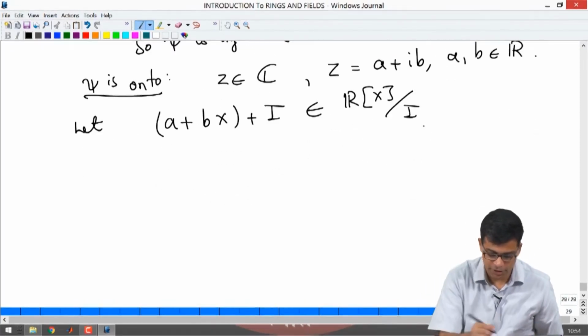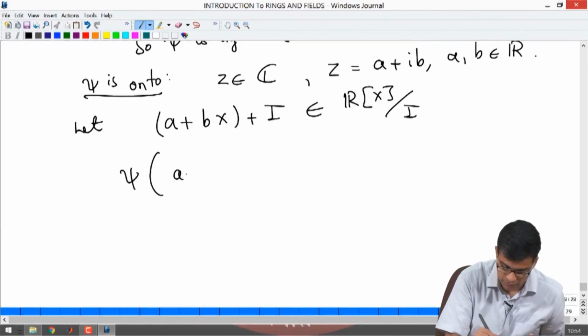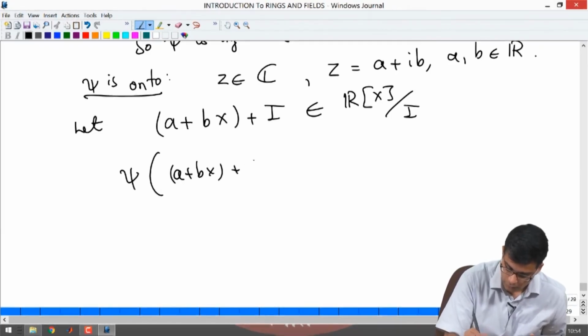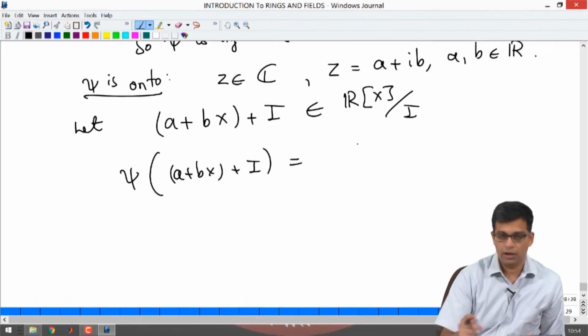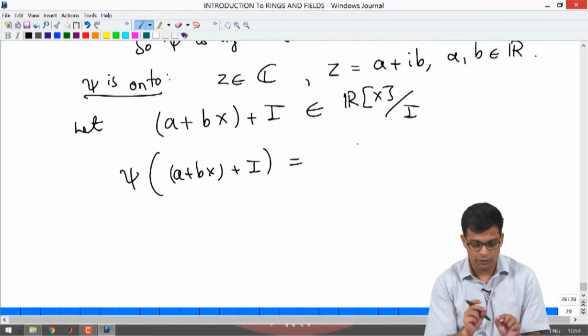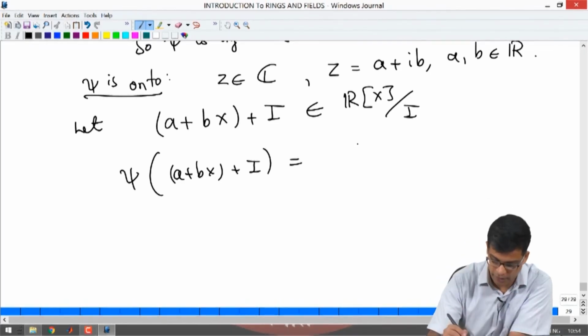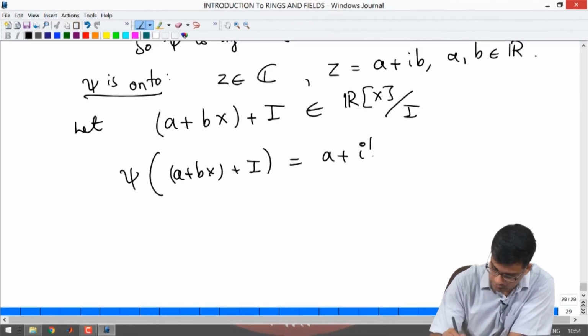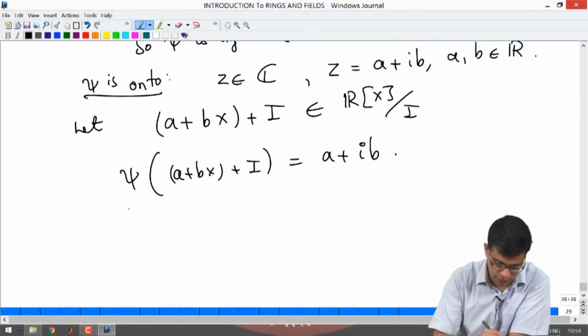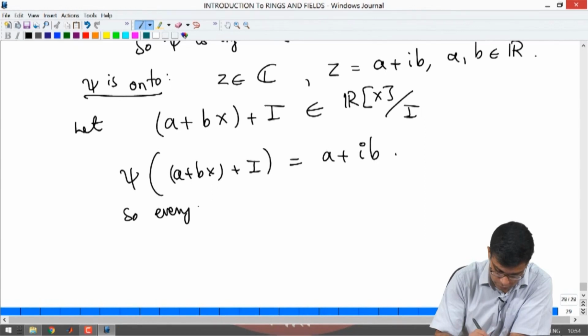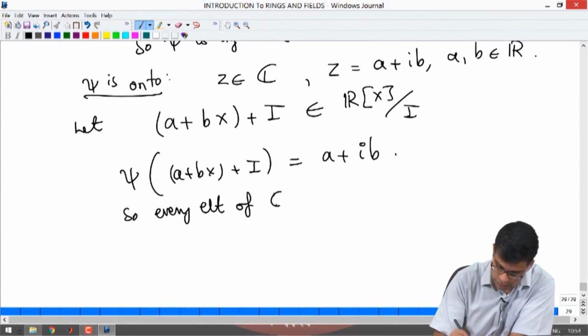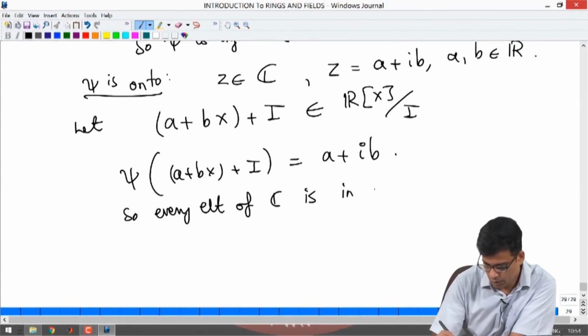What will be its image? So, what will be psi of a plus b x plus I? Remember how do we find the image of psi? We will simply substitute i for x. So, this will be a plus i b. Okay. So, every element of C is in the image of psi.